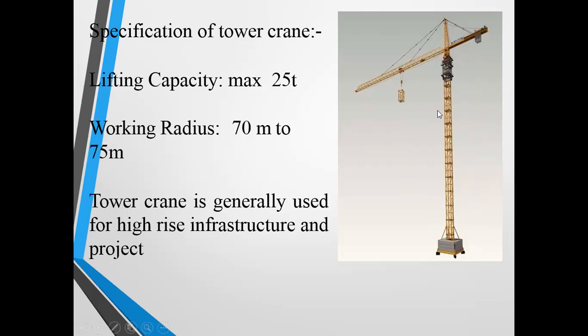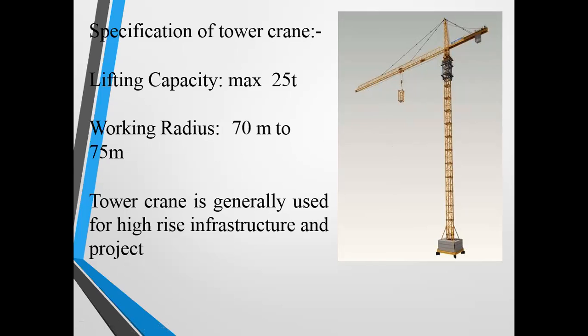The jib and the counter jib are mounted to the turntable, where the slewing bearings and slewing machinery are located. The counter jib carries a counterweight to balance the load which is lifted by the tower crane.